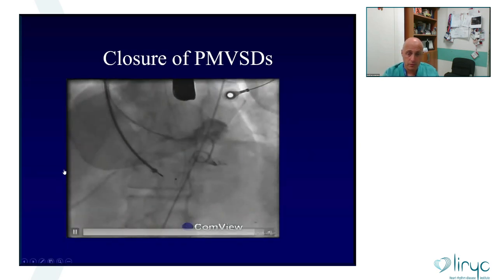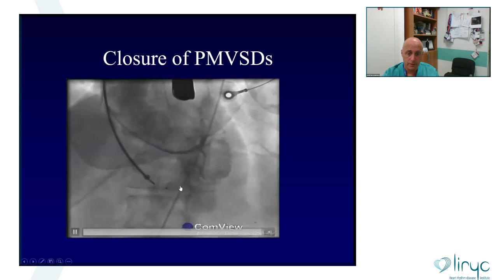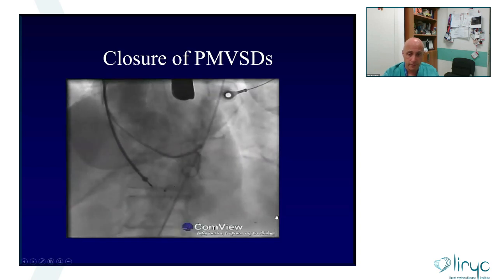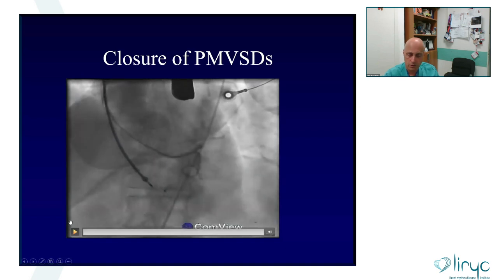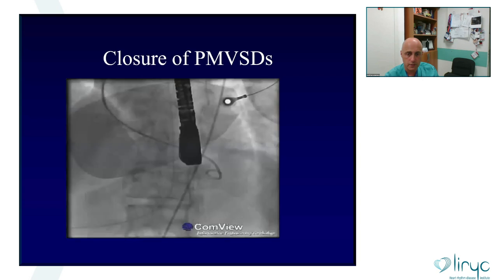This is a muscular VSD. You may see the device is clearly in the right ventricle, while the VSD is more here, because we are closing the mouth of the aneurysm rather than the true VSD. But what is important is that it works and that the patient may recover well if the procedure is successful.